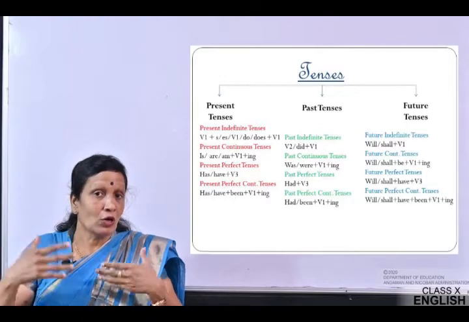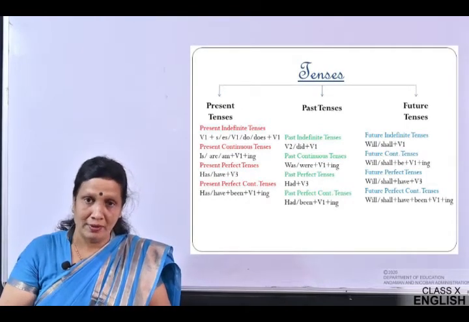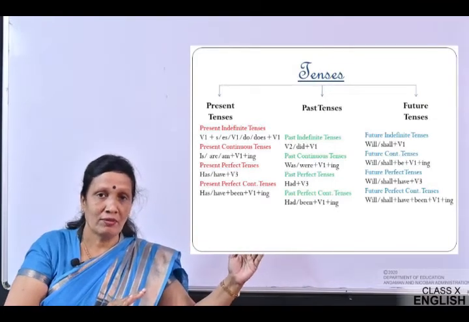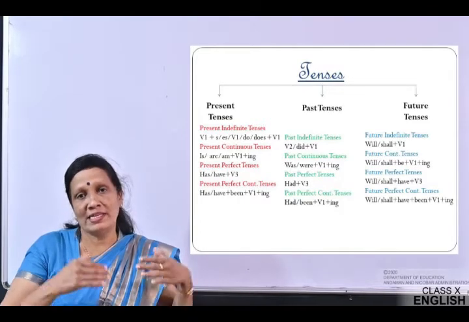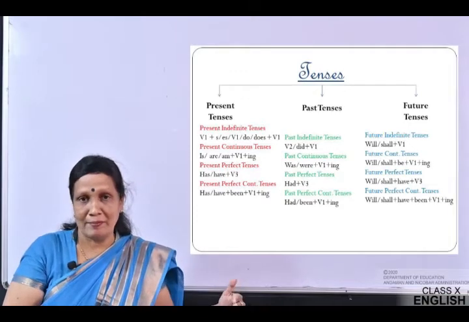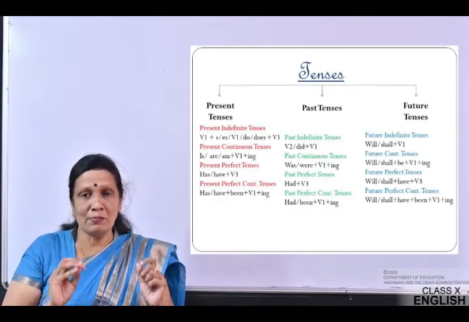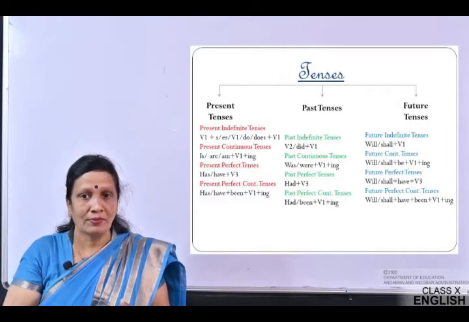My mother cooked breakfast early in the morning. The action which is over, which we have done. The second form of the verb, yesterday. As I told you, present is today, past is yesterday. The action which is over. So in the simple past tense, we use the second form of the verb.